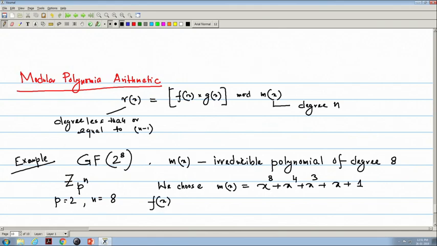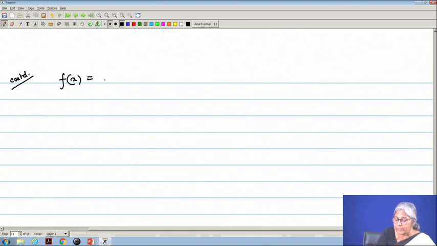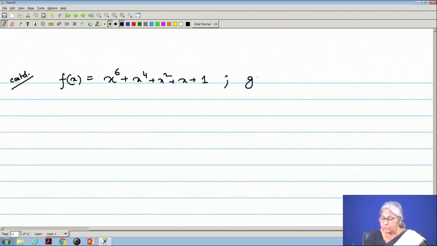Now, we have two polynomials with degree less than 8. Let f x equal x to the power 6 plus x to the power 4 plus x square plus x plus 1, and g x is x to the power 7 plus x plus 1.